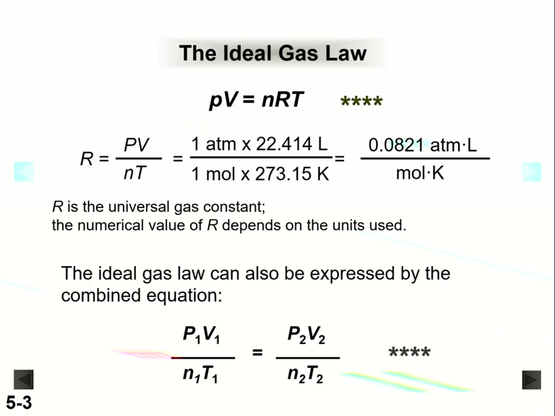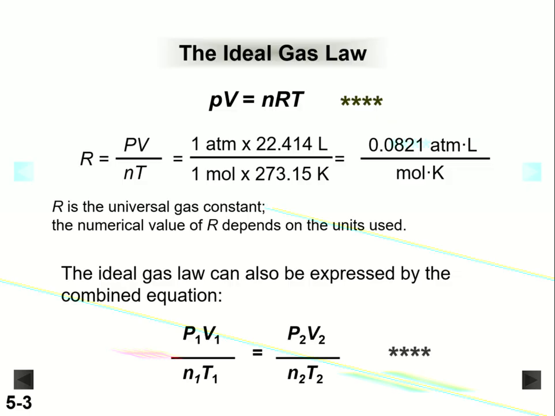Pressure 1 times volume 1 divided by number of moles 1 times temperature 1 would be equal to, under the second set of conditions, pressure 2 times volume 2 divided by number of moles 2 times temperature 2. Whatever quantities are held constant would be canceled out.